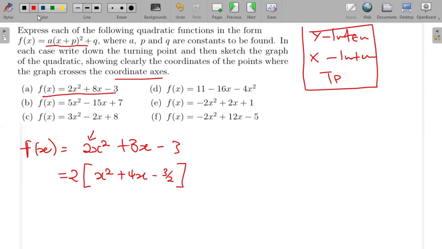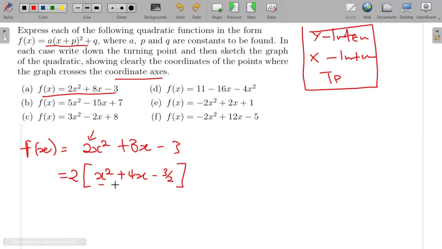So when you factorize, make sure that when you multiply the number you've put outside with whatever you have inside, you get back what you had. Because this times this, I still get 2x squared. This times this, I get plus 8x. This multiplied by this, I get minus 3. So I'm correct.